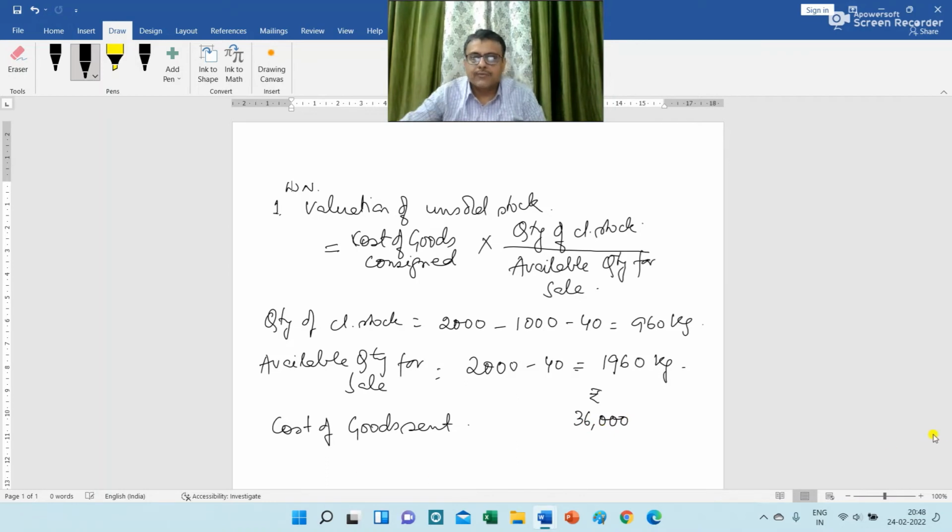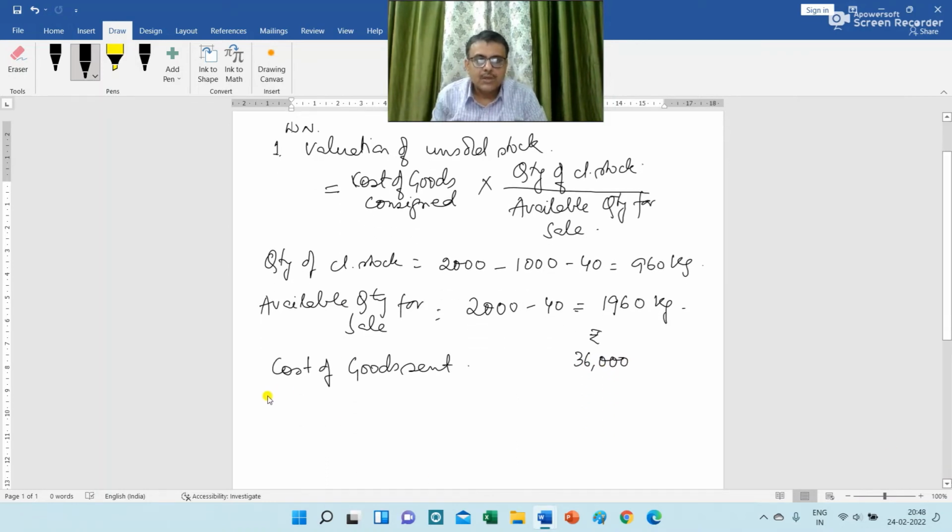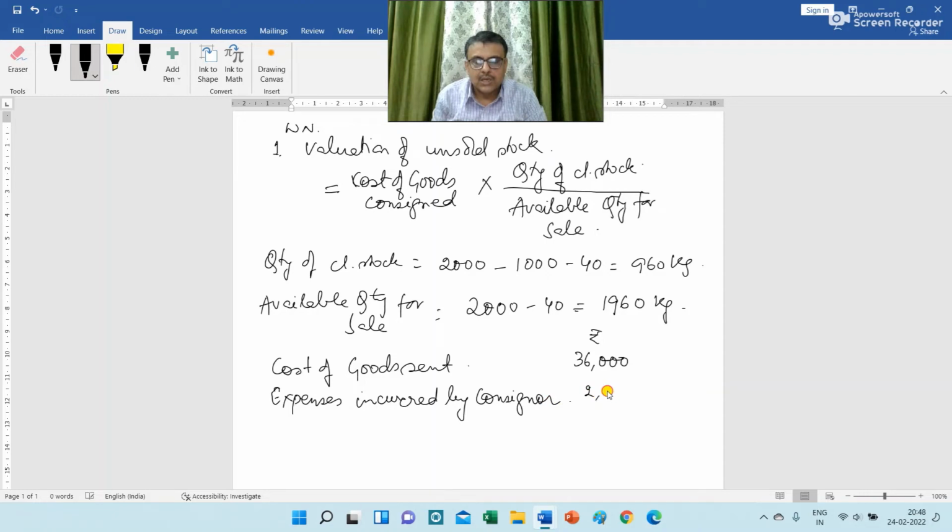Then expenses incurred by consignor is rupees 2,000, and non-recurring expense incurred by consignee.